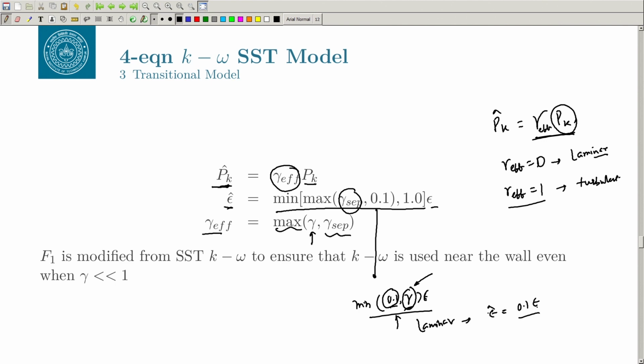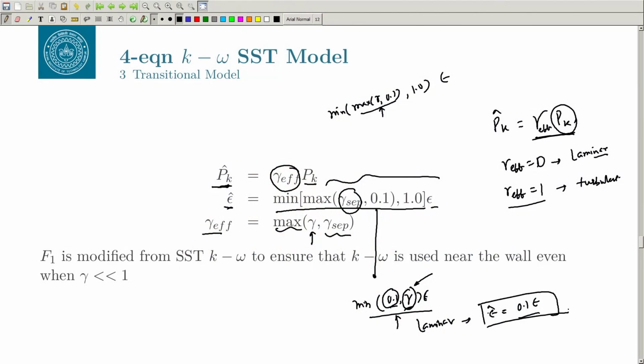Yeah, I figured it out. You can call it the minimum of the maximum of gamma and 0.1, and then 1.0, multiplied by epsilon. Let us say the flow is laminar, then gamma is equal to 0, but you do not want to take 0, because even if there is no turbulence, you will still have dissipation of the turbulence kinetic energy.